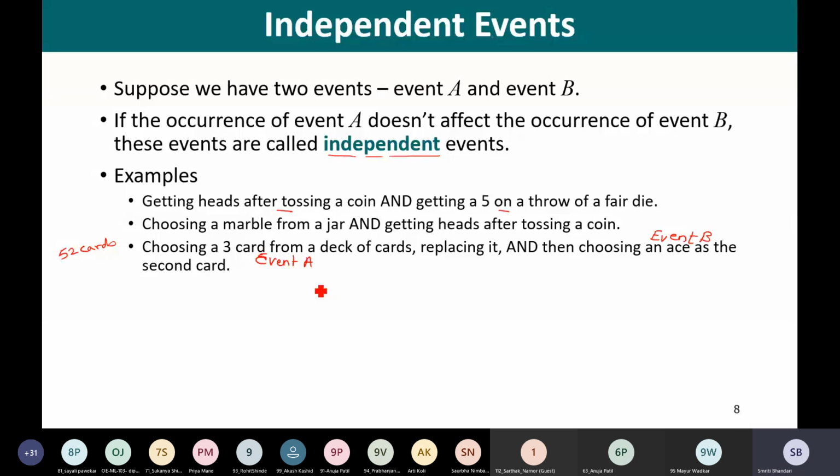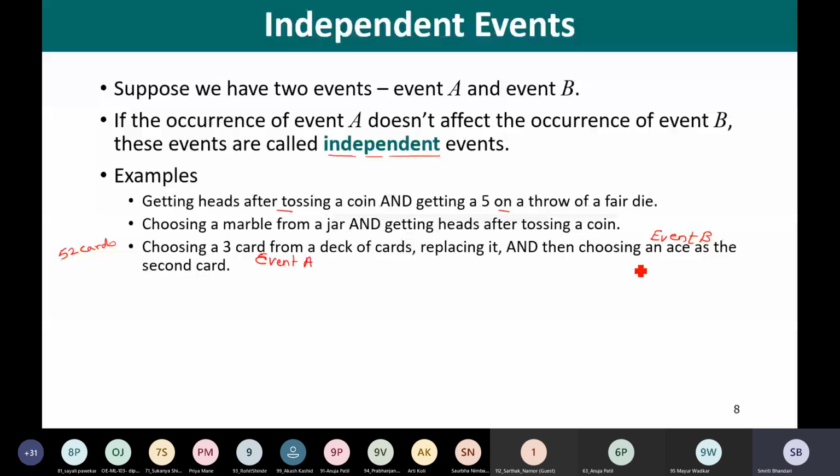So whether these two events depend on one another, whether they affect one another. Are you getting me or not? Yes, ma'am. Right? So event A is choosing a 3 card from a deck of cards. Then we are going to replace it so as to make our deck as it is.